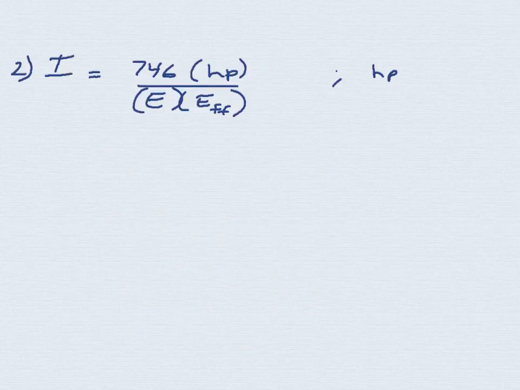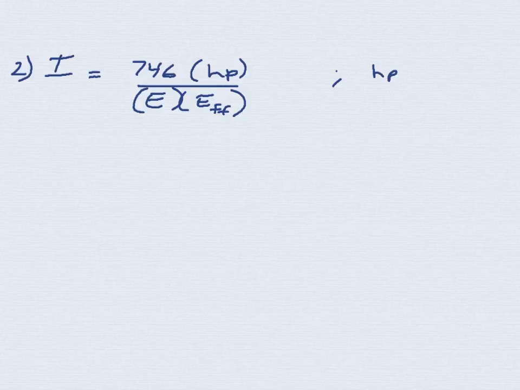Question 2 is a formula for current, and the formula has current equals 746 times the horsepower divided by the voltage times the efficiency. E is the voltage, EFF is the efficiency. We are asked, first of all, to solve the formula for horsepower. So what would be the horsepower?